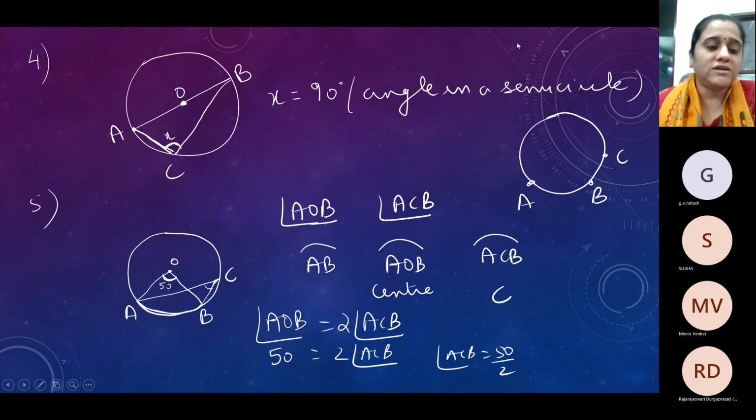Okay, so this is one other thing which you have to recall and remember from 9th standard. Angle in a semicircle is a right angle. Then this one. So write down this.